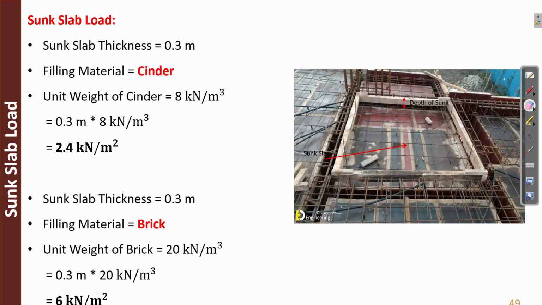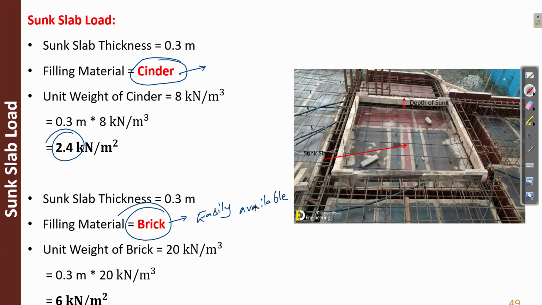So there may be chances that you design a slab for cinder as filler material, with sunk slab load as 2.4 kilonewton per meter square. At the time of casting, they may use brick as filling material because of non-availability of cinders, as these brick bats are easily available.